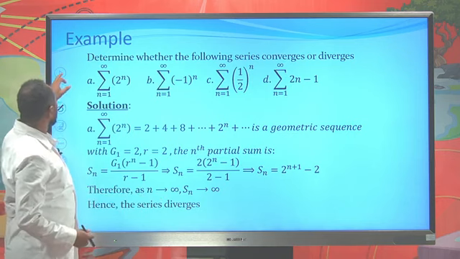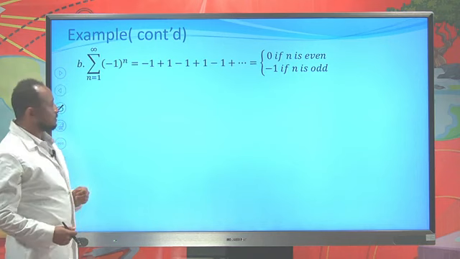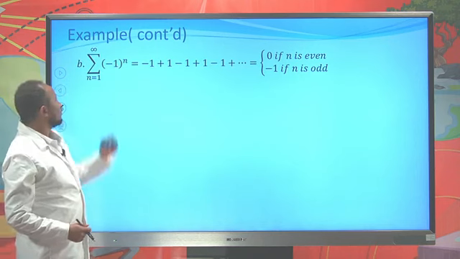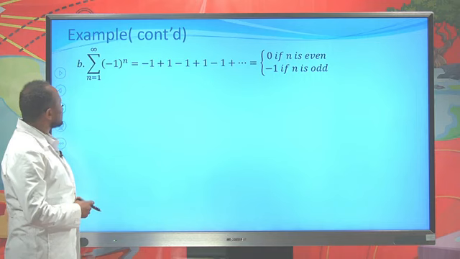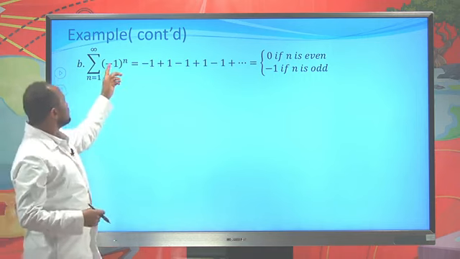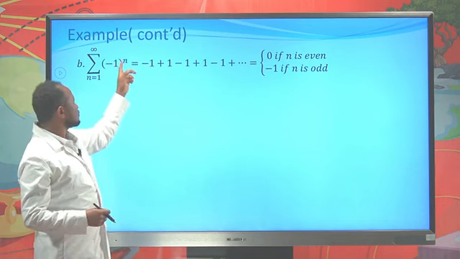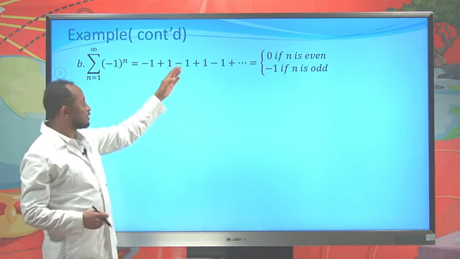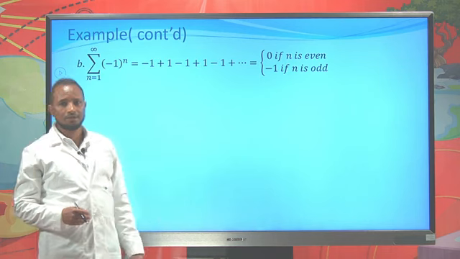Now let's see another example. This one, negative 1 to the power of n, where n starts from 1 up to infinity. The first term is minus 1, the second term squared is positive 1, minus 1, positive 1. It goes on like this.